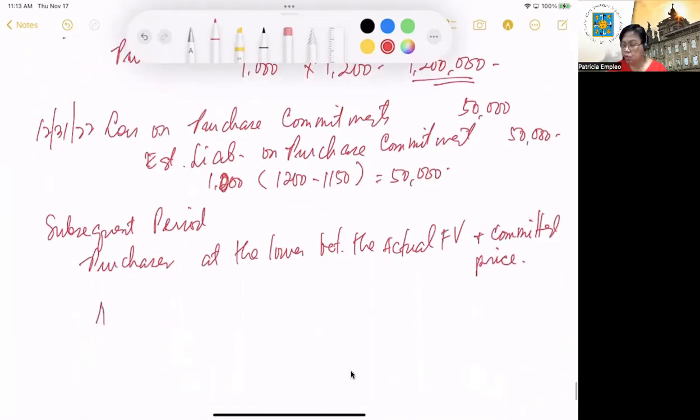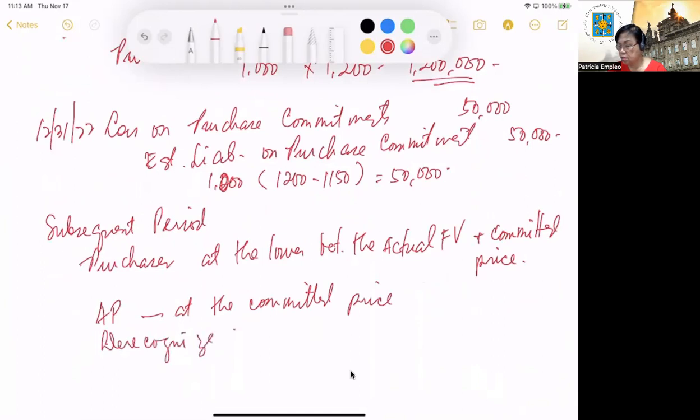The accounts payable will be recorded at the committed price. Then you recognize the previously recorded estimated liability on purchase commitment, so you are to recognize this 50,000 in this exercise.